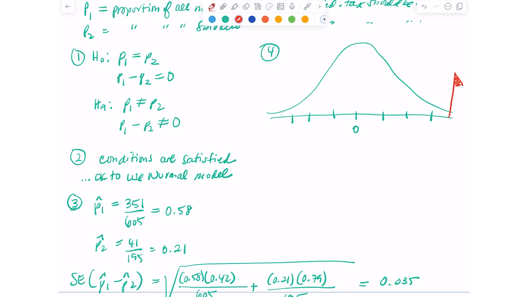And then we would have negative 10.57 since we're doing a two-tailed test. And we would shade to the right and to the left. The further we go out towards the tails, the smaller the probability gets. It's basically 0. So I really don't even need to calculate anything here. But if you wanted to, you could.